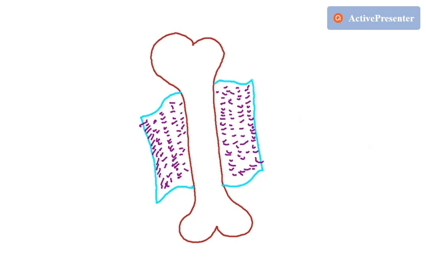So here is my drawing of a generic long bone, and as you can see, I tore the periosteum off of the bone. I tore it off and away, so usually this would wrap all the way around the bone, but I tore it off and away so you can see underneath the bone.